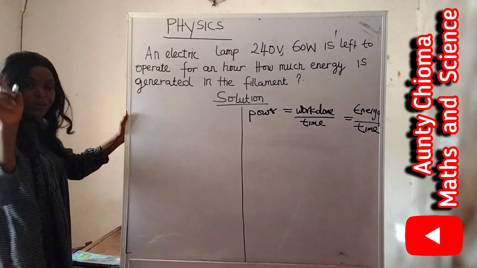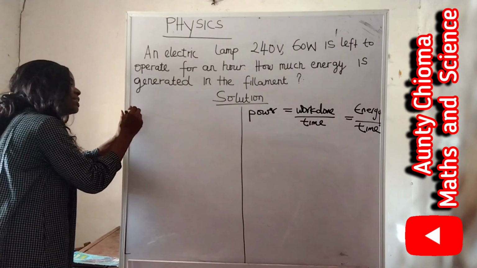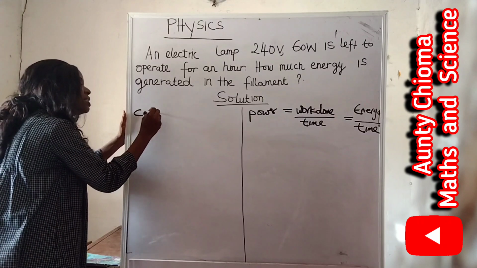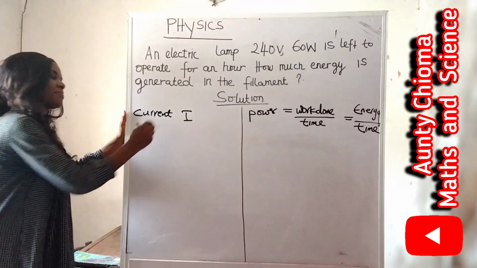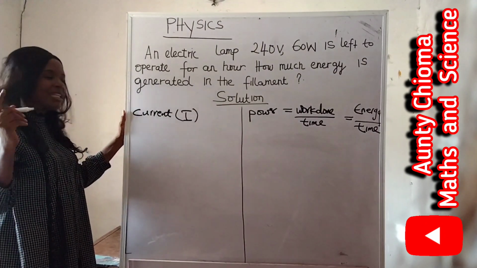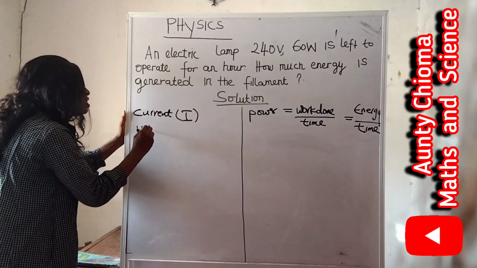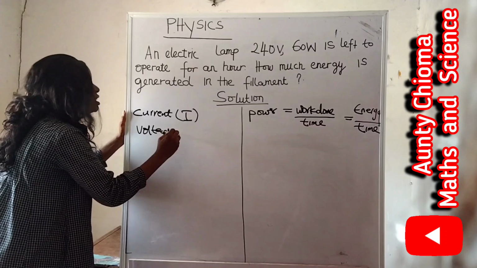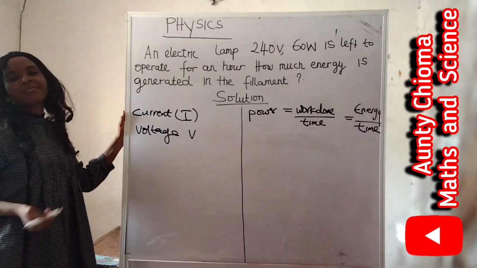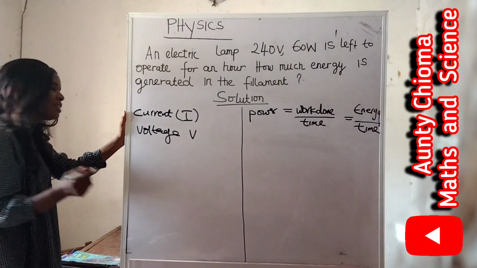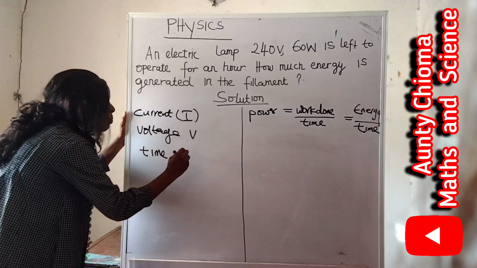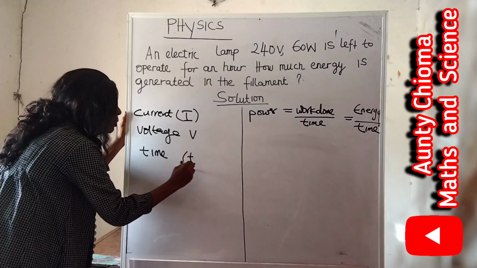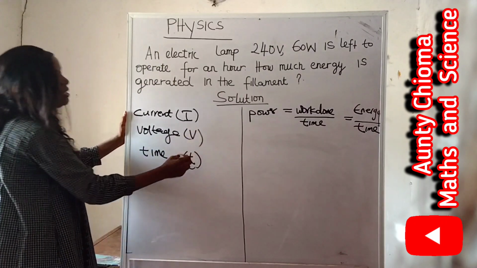The first one is current, which is noted by I. The next one is voltage, noted by V. And another one is the time for which the electric circuit is operated, noted by T.